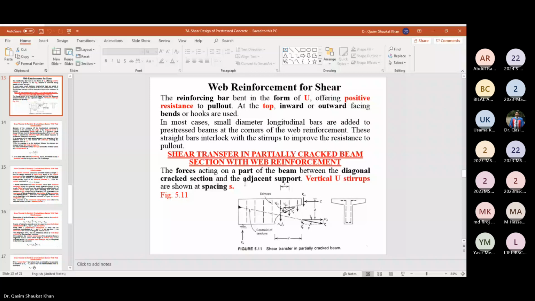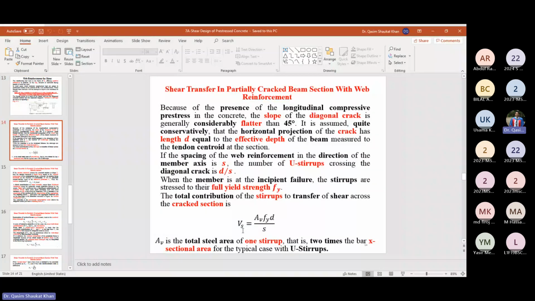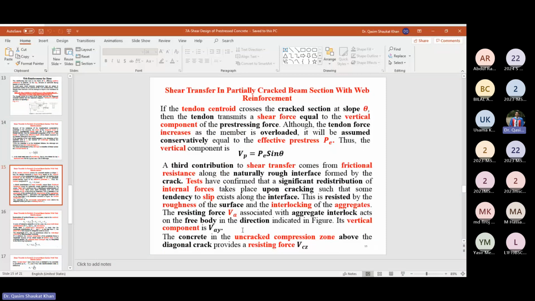So first is the contribution from the non-pre-stressed U-shaped steel stirrups passing through the crack section. Second is the contribution of the tendon centroid, which is inclined at an angle theta. Third is the contribution of the surface roughness and aggregate interlocking.